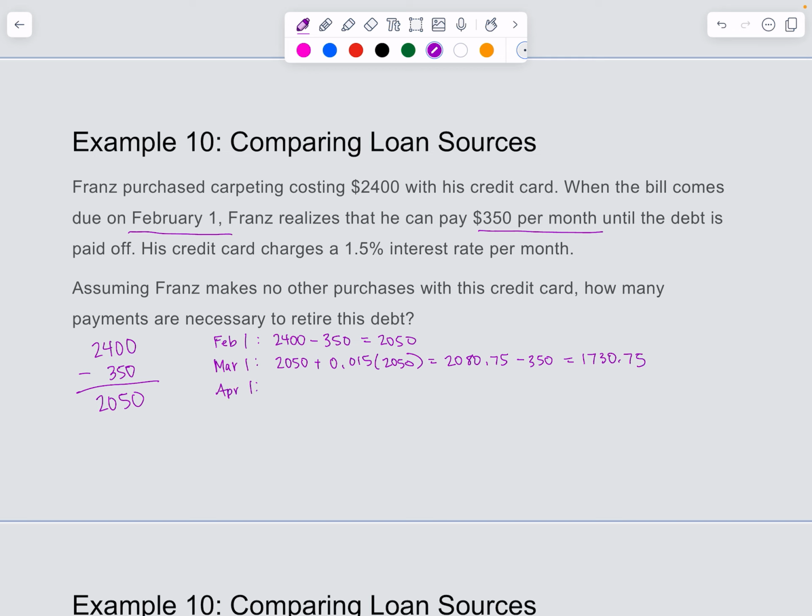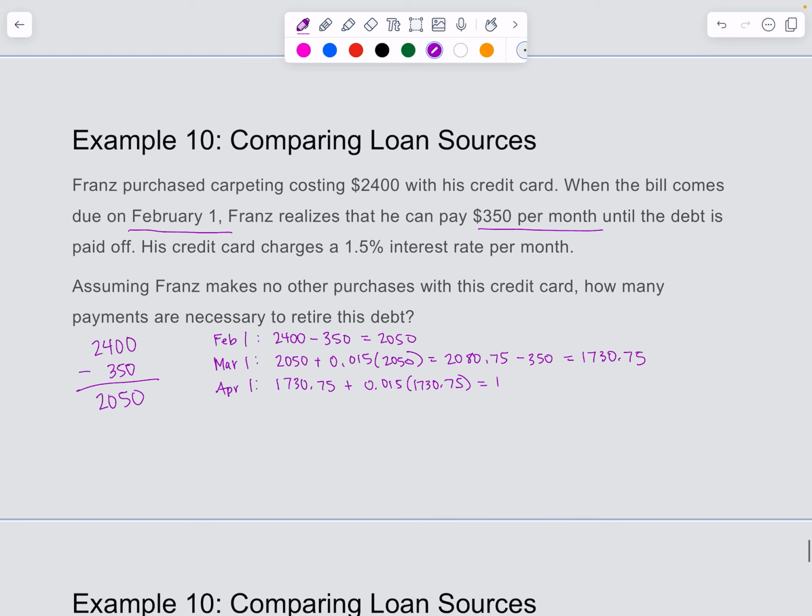April 1, we have a balance of $1,730.75 plus the interest for that month. When we add in the interest, we have $1,756.71. He makes a payment. So the balance is now $1,406.71.